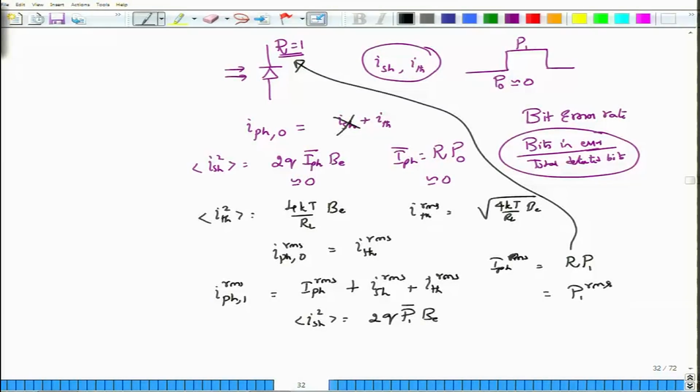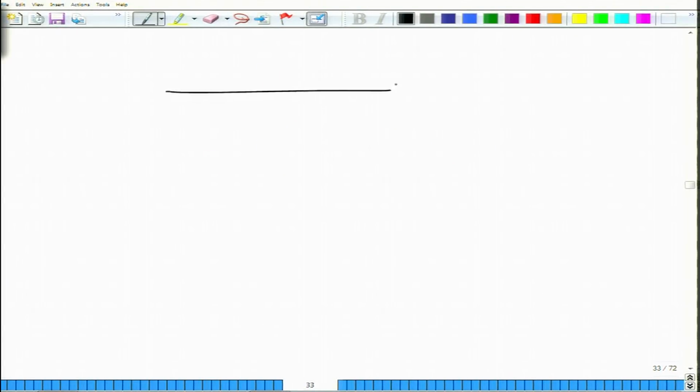So, this is what the two photocurrents look like when you launch a bit 0 and a bit 1. If you observe a sequence of pulses, let us assume we have launched 0, 1, 1 and 0. These are the 4 bits that we have launched, and the received current will have some amount of noise.